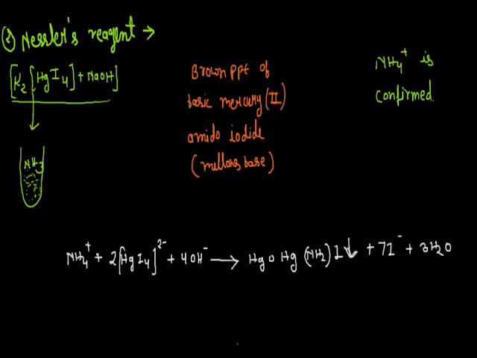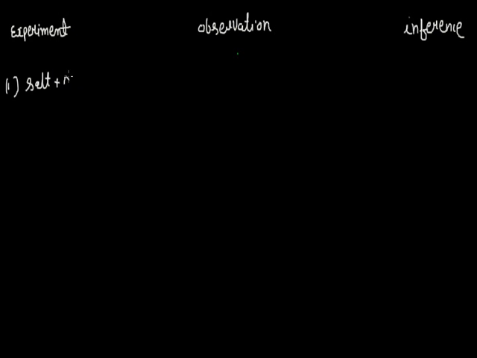Now, if we take the salt, add sodium hydroxide solution and heat, but there is no ammoniacal smell, then we can say that the zero group, that is the ammonium radical, is absent in the salt.